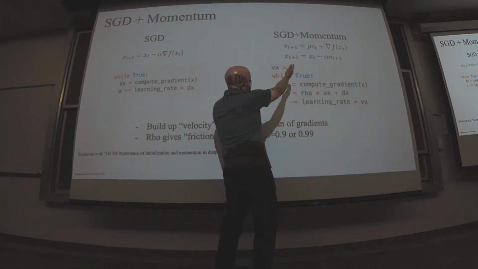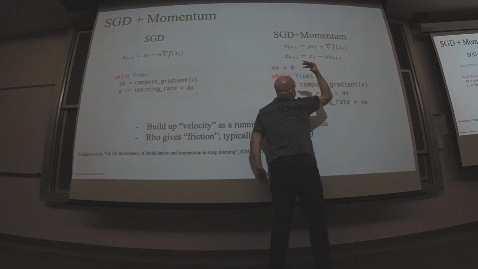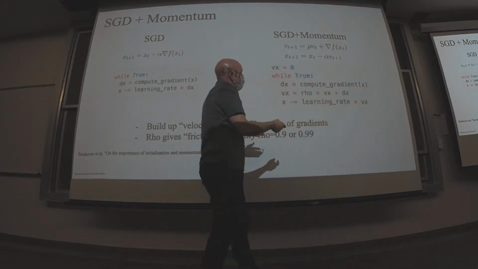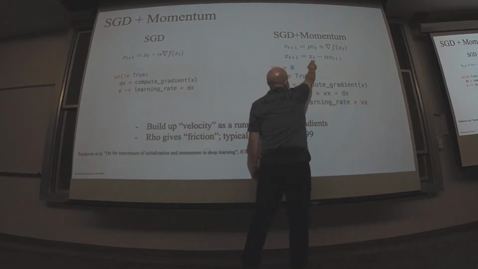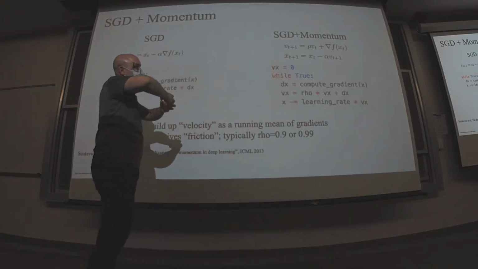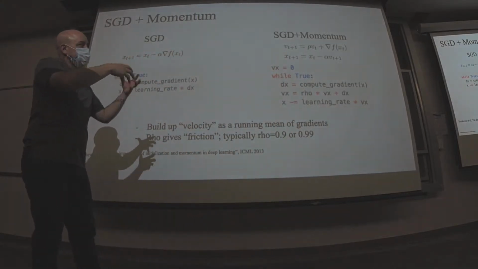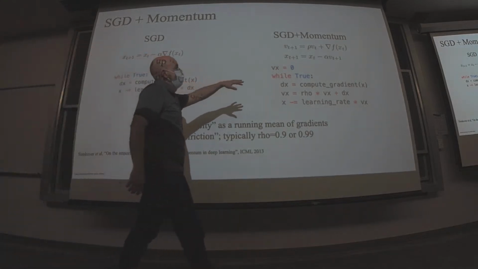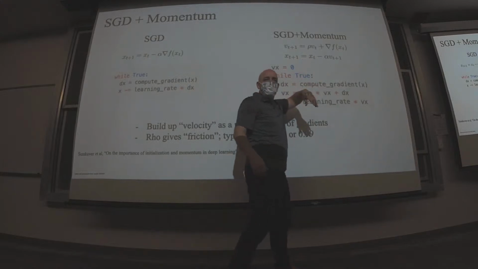And the direction in which we're going to do descent is not just the gradient, but you add to that this buildup of the history, this memory of previous gradients, but you're discounting that each time by this factor rho.